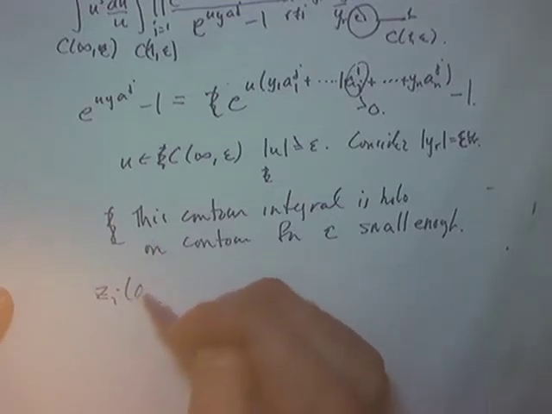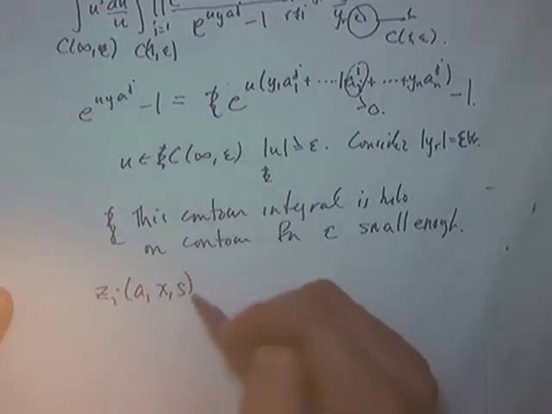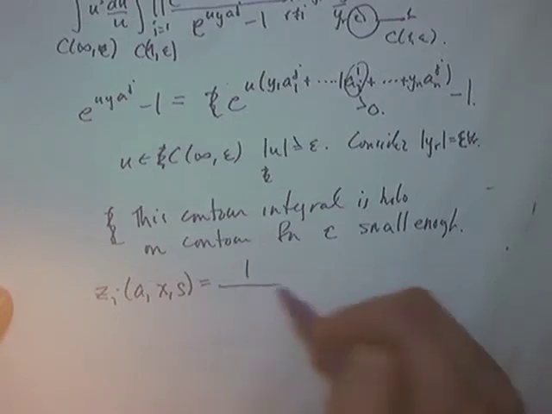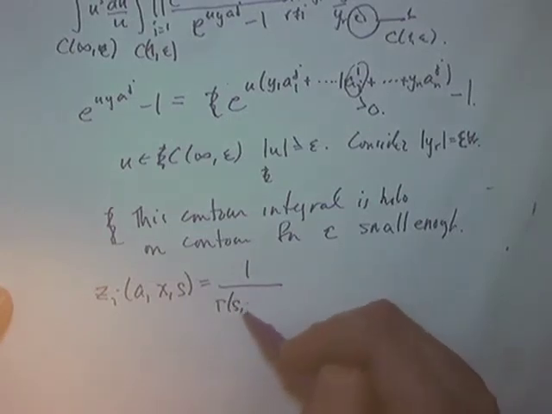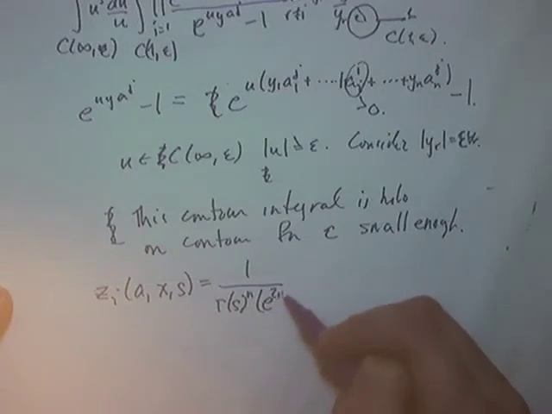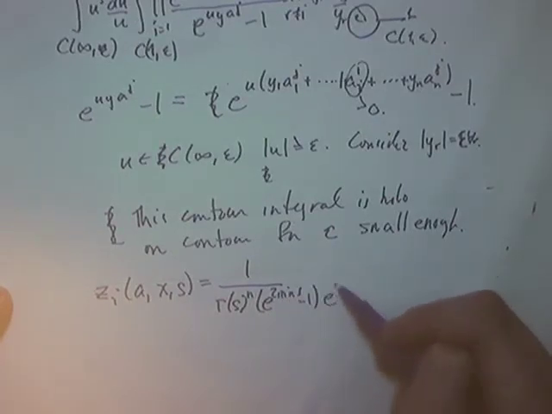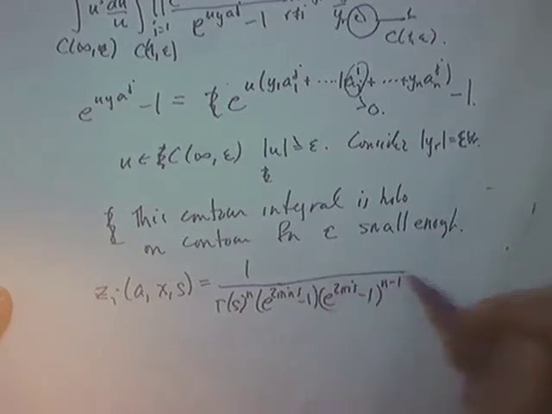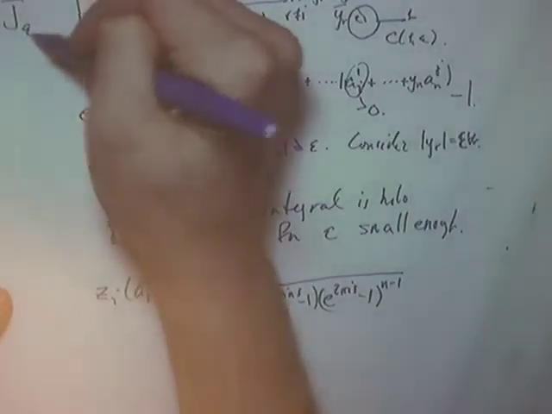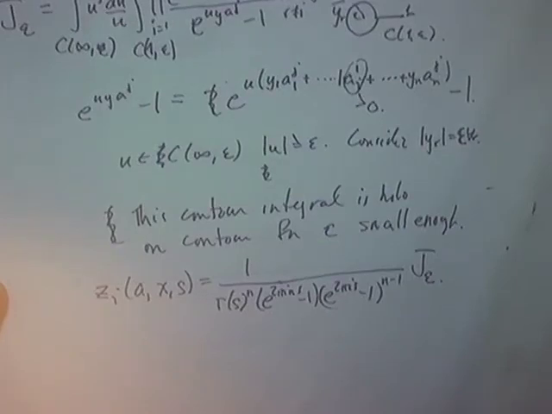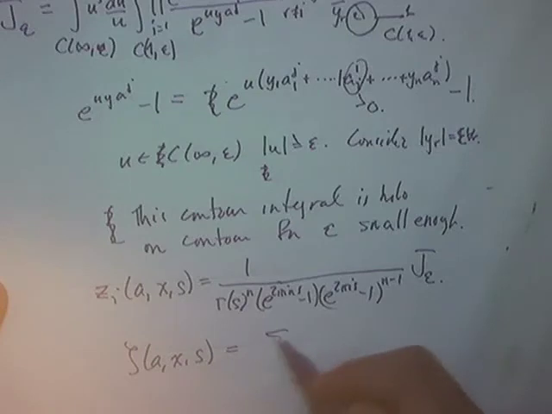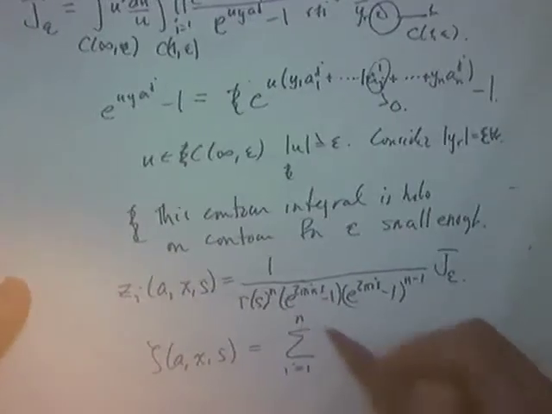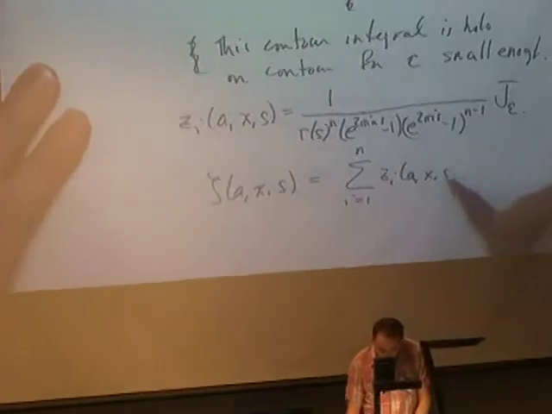If you define Z_i(A, x, s) to be 1 over gamma of s to the n times (e^{2 pi i n s} minus 1) times (e^{2 pi i s} minus 1)^{n-1}, times J_epsilon, then zeta(A, x, s) is the sum, as i goes from 1 to n, of Z_i(A, x, s).